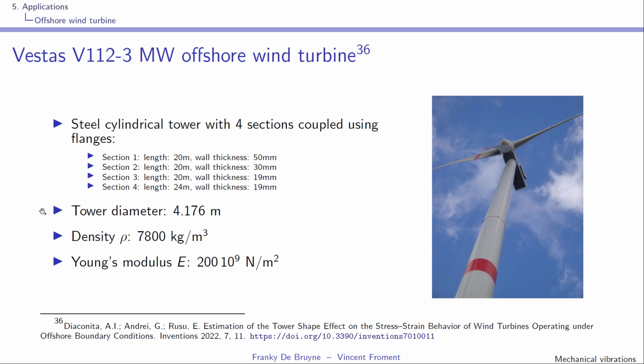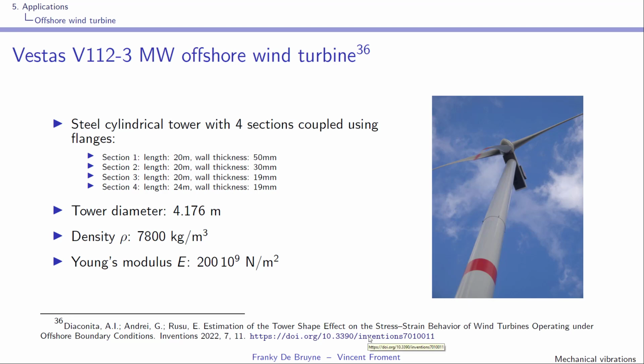You can also have access to the tower diameter and to certain properties of the material that is used to construct the tower, such as the density and the elasticity modulus. Another advantage of a publication is that they propose the results of their research that you can use to check your own calculations to see if they are realistic.